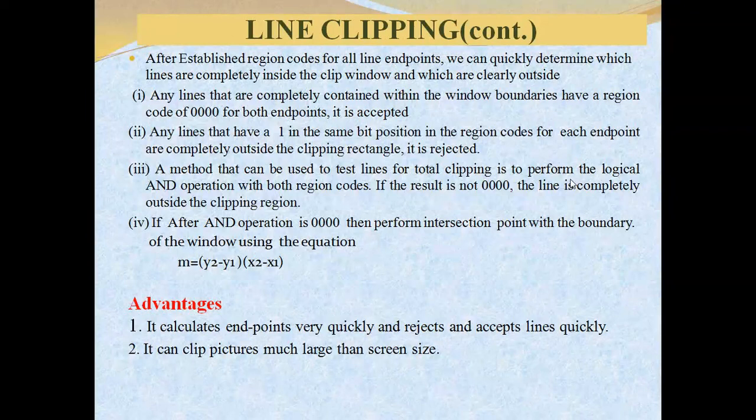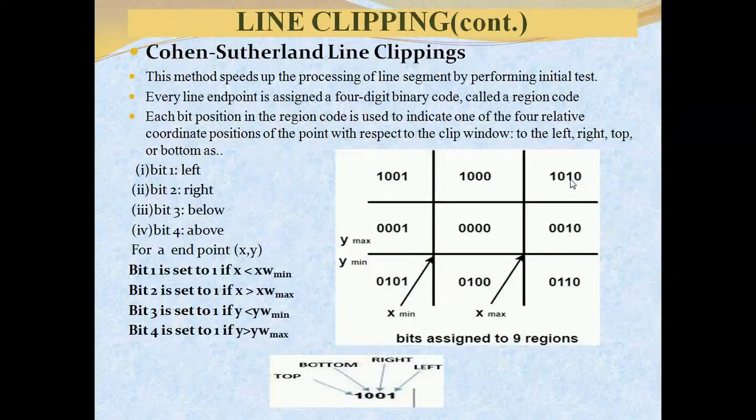If both endpoints have the same bit set, for example bit 1 is 1 for both endpoints, we define that the line is completely to one side, so it is rejected.